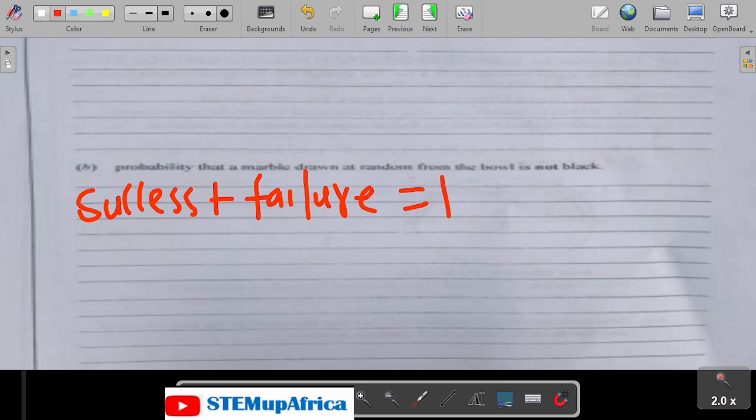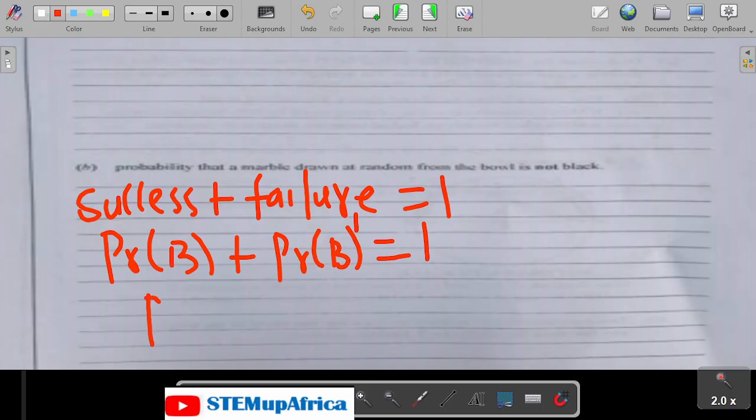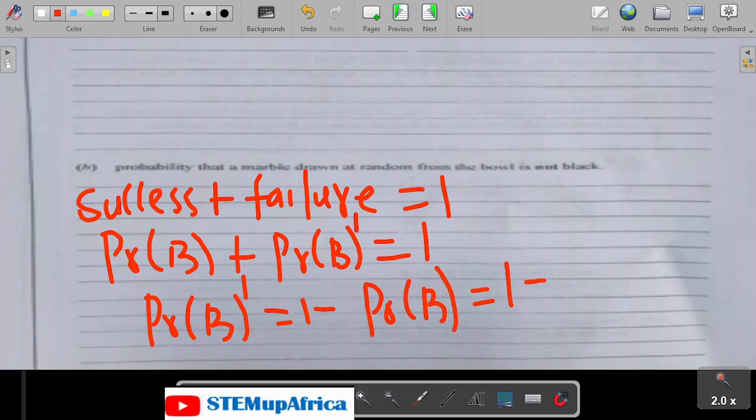So if black is our focus, the probability that it is black plus the probability that it is not black, or fails to be black, is 1. So the probability that it is not black is 1 minus the probability that it is black. So our answer will be 1 minus 1 over 4. The result is simply 3 over 4.